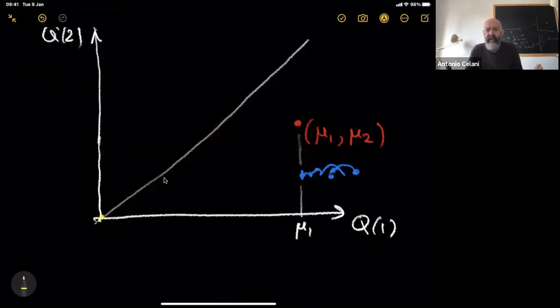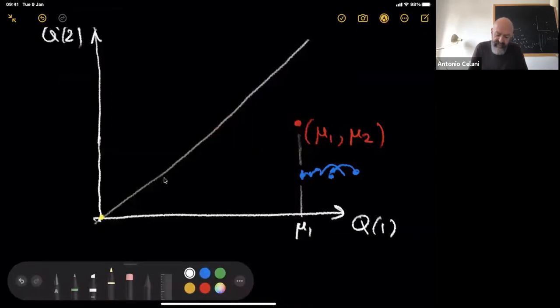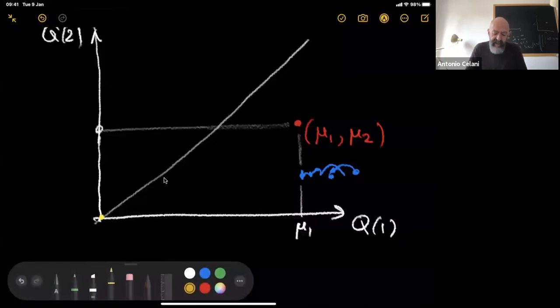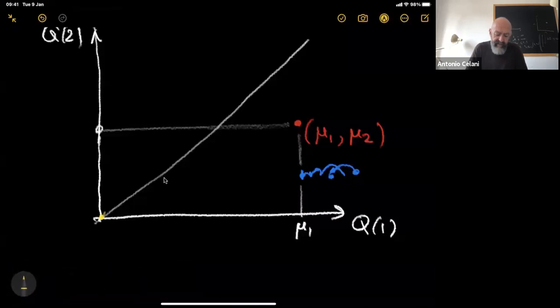Both entries of my Q vector are the same. So I could choose one or the other. So let's say by chance I choose Q2. If I choose Q2, well, my mu2 here is much above. So reasonably speaking, this will go up.